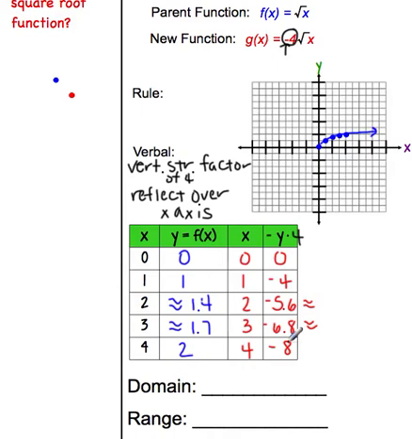So now we can go ahead and graph this. So we start off with still 0, 0, so we'll put our red dot right here. It's actually going underneath, which is okay. We have 1, negative 4. We have 2, negative 5.6. We have 3, negative 6.8.